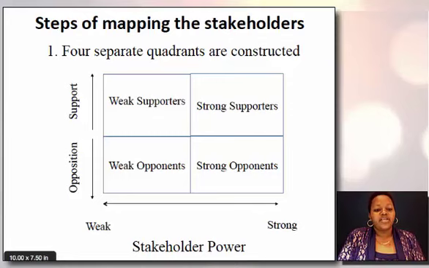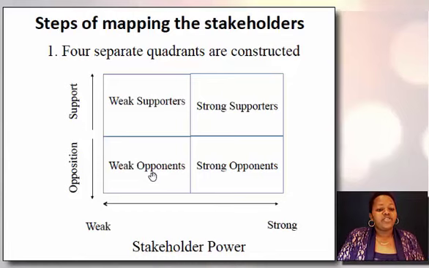The third quadrant is weak opponents. These are the stakeholders who are likely to oppose our proposal, but they have a weak likelihood of being able to oppose it.